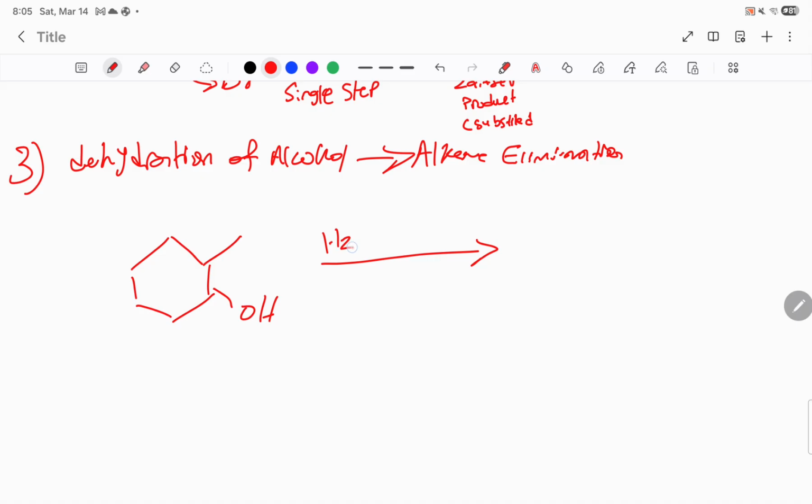We're going to use aqueous acid, H2SO4 in water, and THF, this is an ether solvent. Here is THF, this is how it looks, at 50 degrees Celsius.